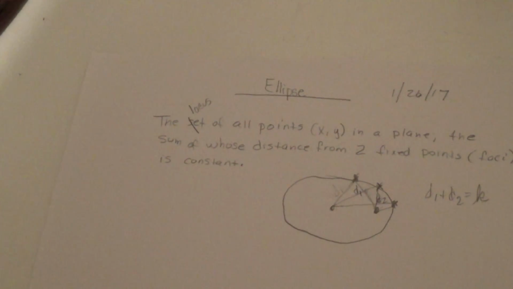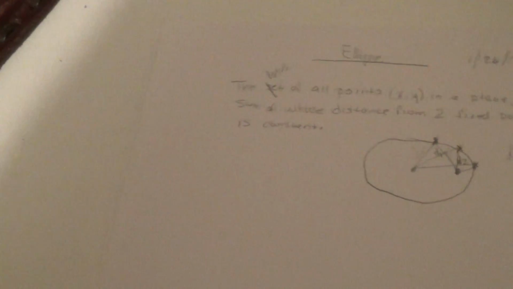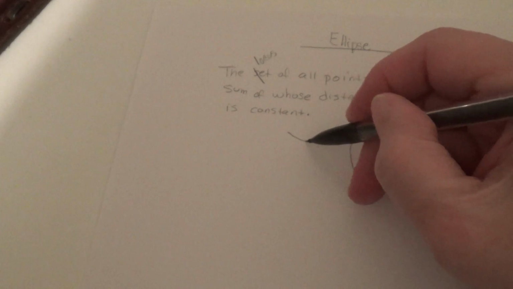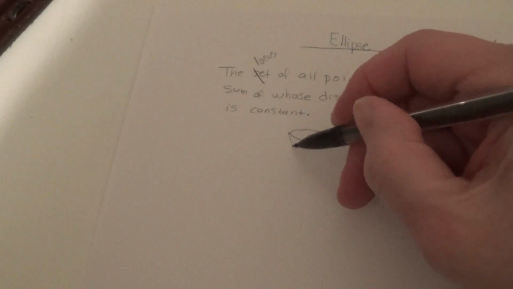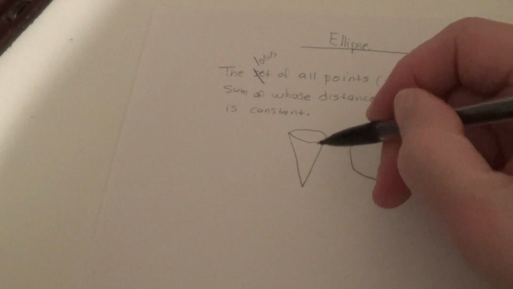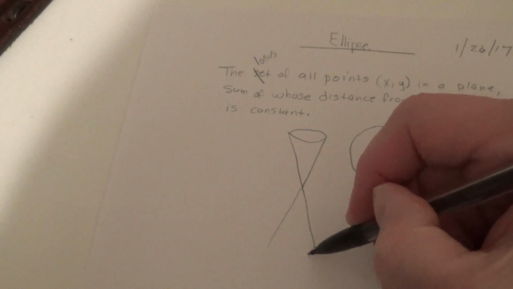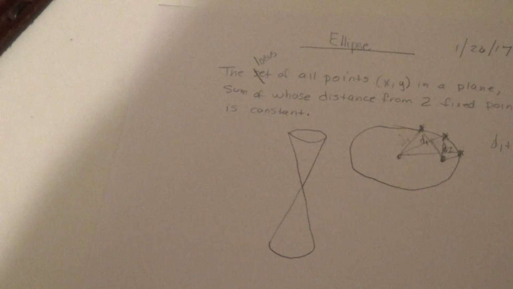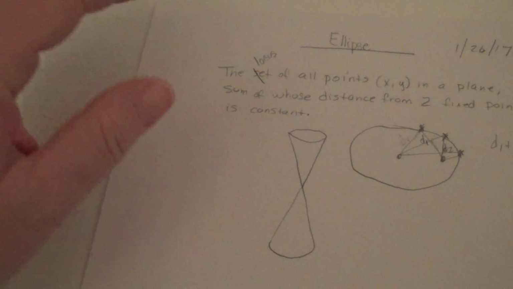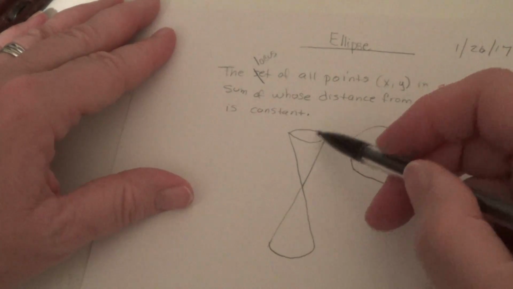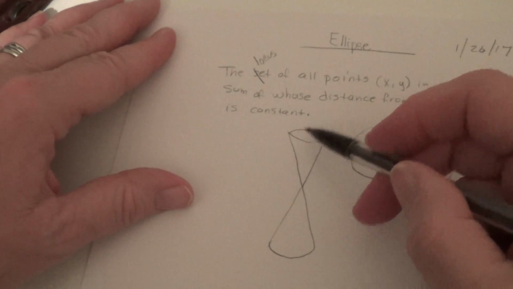I also want to point out that it's a conic section. So back to our cone on an inverted cone. We see this all the time, a cone balanced on an inverted cone. When we did the parabola, the plane sliced just the piece up here.